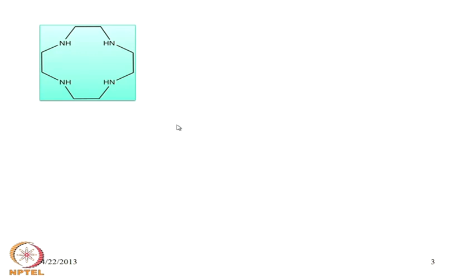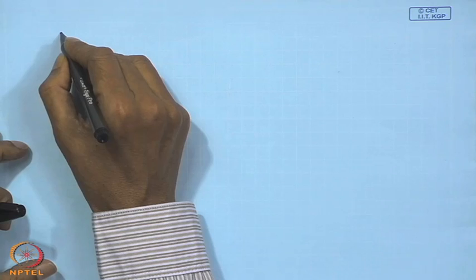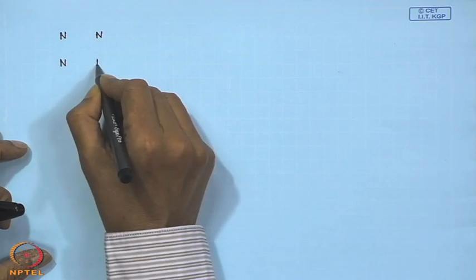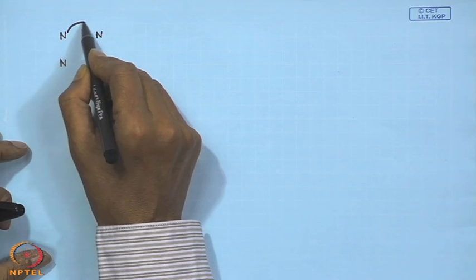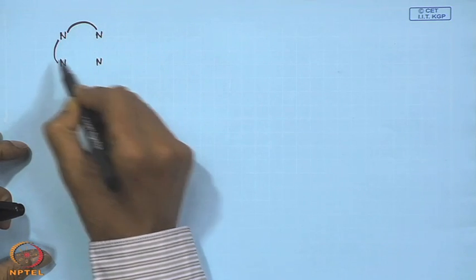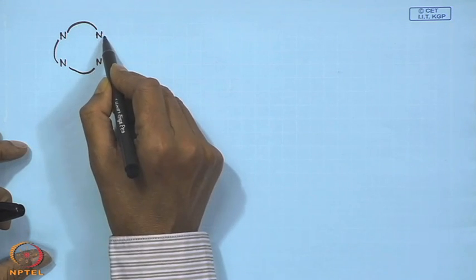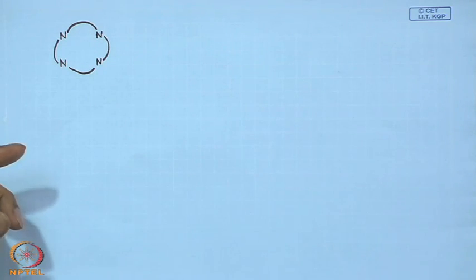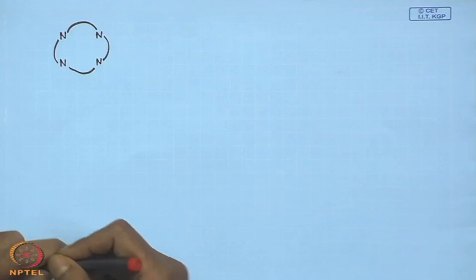Then we can go for a typical macrocyclic ligand, where we can have 4 donor atoms, and if they are nitrogen bearing, as we have defined earlier, these nitrogens can be connected very easily, and when we connect, we get a complete cyclic geometry.